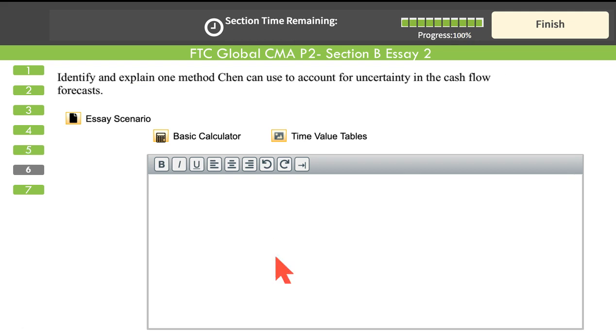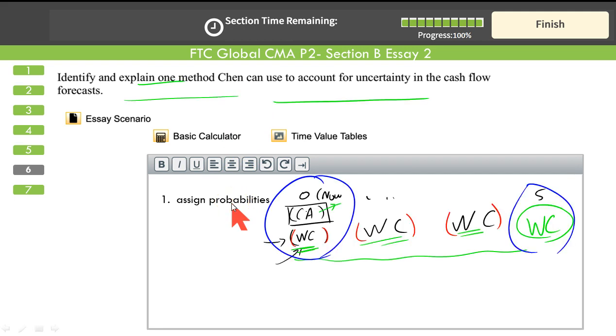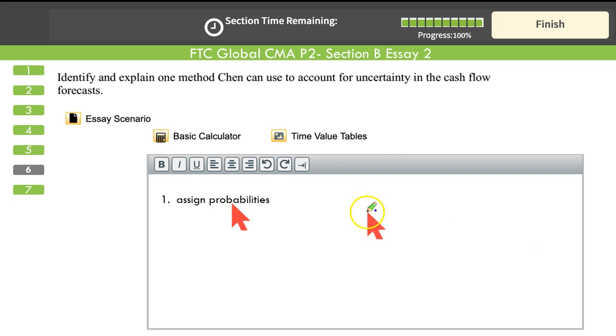Next, identify and explain one method Chen can use to account for uncertainty in cash flow forecasts. Cash flow uncertainty, risk. He can use probabilities. For example, he can draw up a probability distribution this way: cash flows can be 10,000 per year, this is 50% probable.